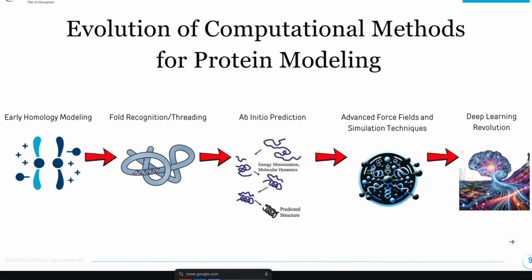Some of the advantages of fold recognition and threading was that it could predict structures for proteins with low sequence similarity. Even with less than 30% identity, it was able to work, whereas homology modeling needed to be at least 50 to 70% similar to the original protein structure.